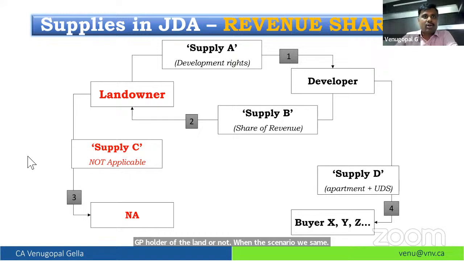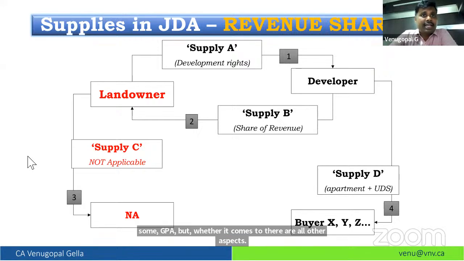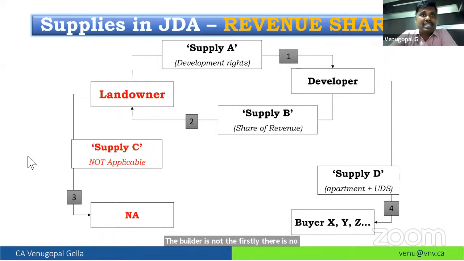This is definitely a caution to everyone: taxation always goes by the way it is documented. Now, if someone pitches in as a builder, says I will do an area share, revenue share, everything, but on paper he is acting as a works contractor, he holds some GPA, but whether it comes to RERA or all other aspects, there is no joint development agreement which is registered.